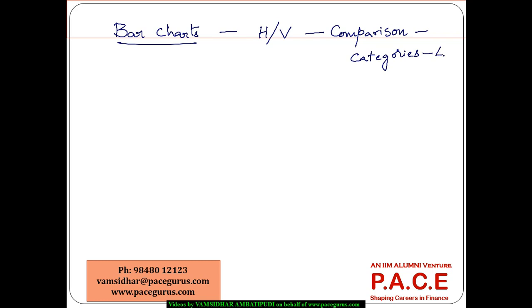And the length of the bar really tells me which category has a higher value versus a lower value. But apart from length, there are quick differentiators. I can differentiate something by color. I can differentiate something by the size, which is the width of the bar, or I can do some kind of stacking to know one above the other.